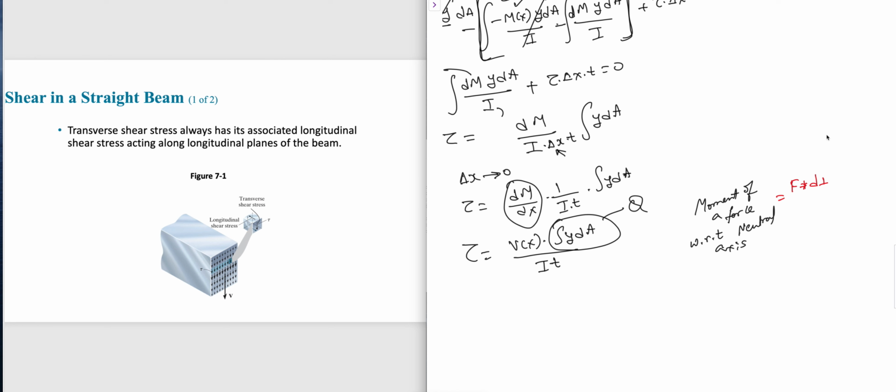Similarly, if I ask you what is the moment of an area, yes, it exists. The moment of an area with respect to the neutral axis is area times the perpendicular distance from the neutral axis to the centroid of the area.